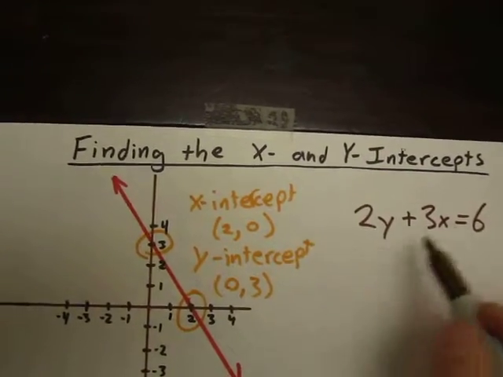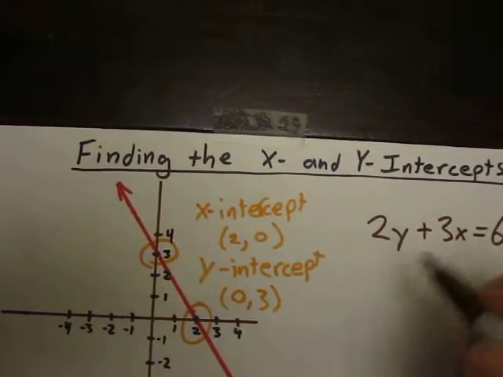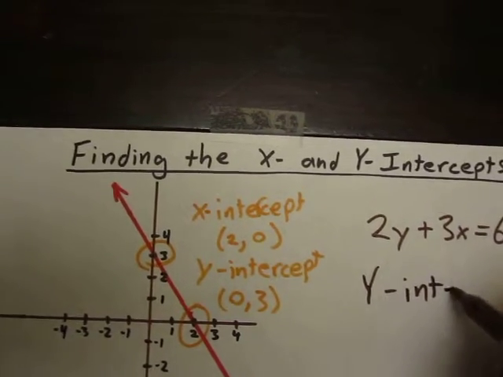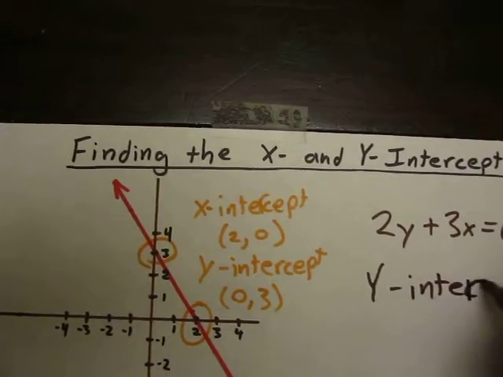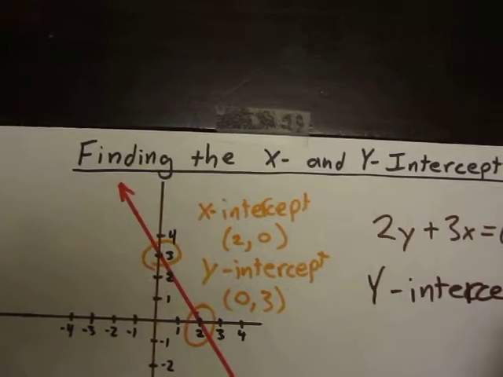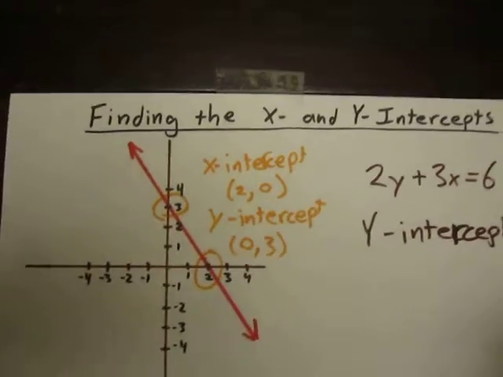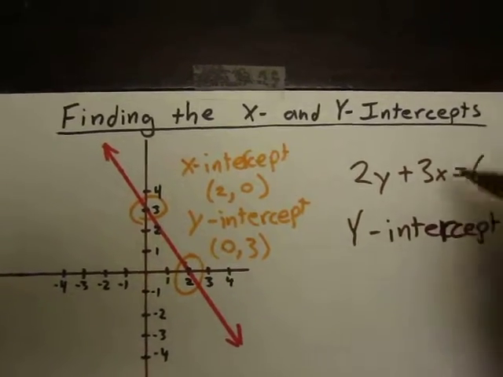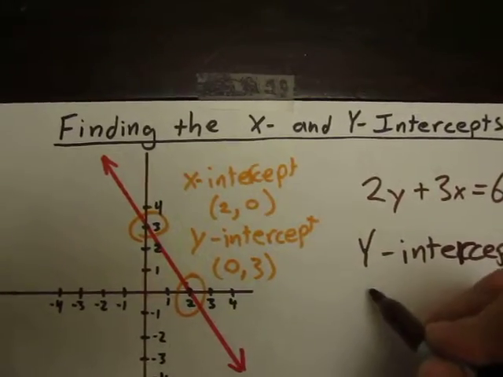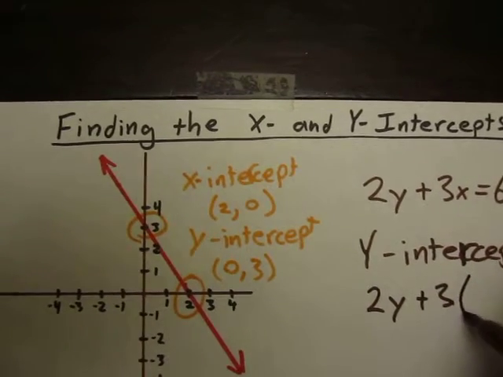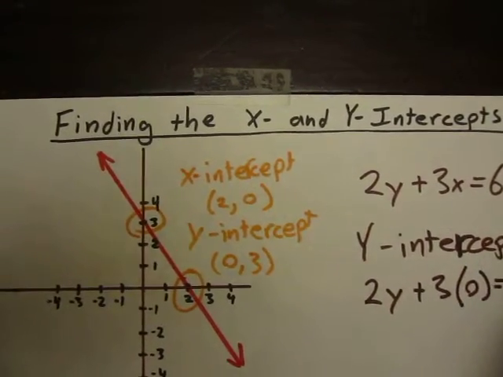So to find the y-intercept of an equation, we are going to substitute in 0 for the x value. So 2y plus 3 times 0 equals 6.